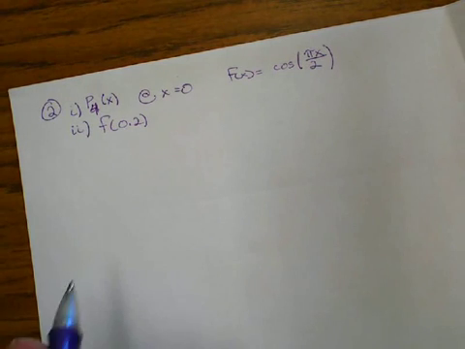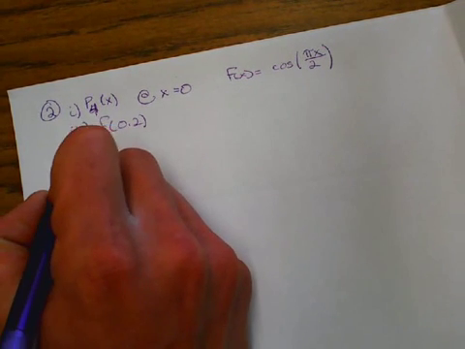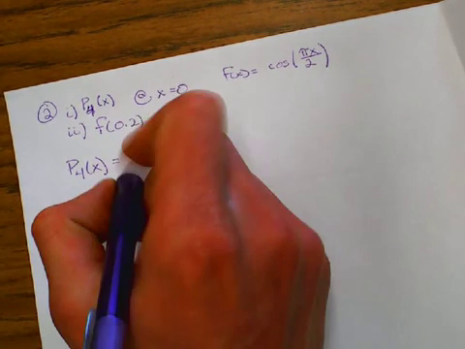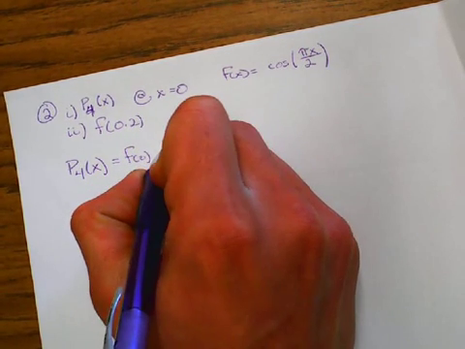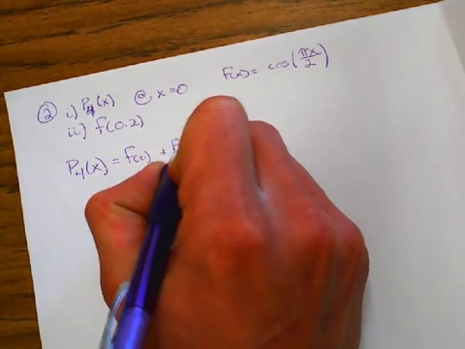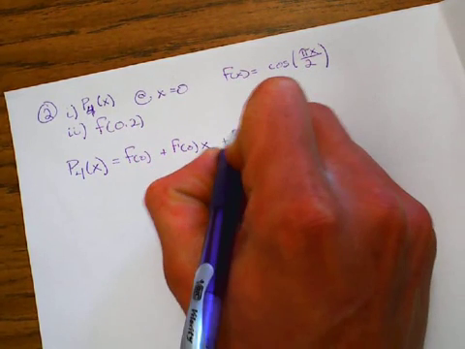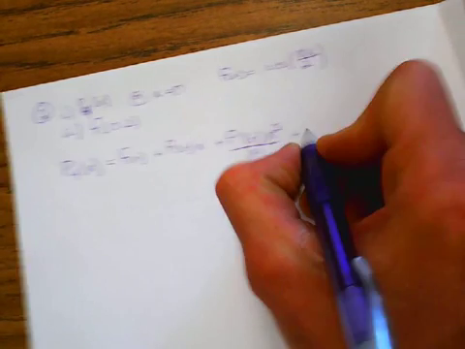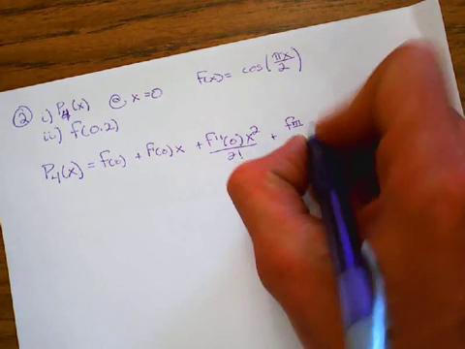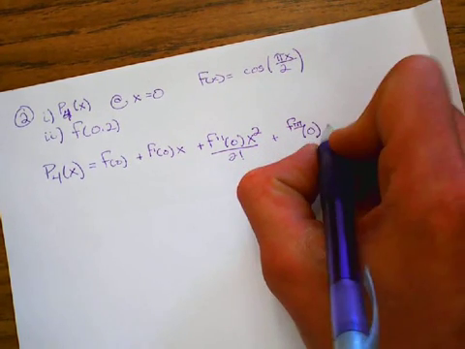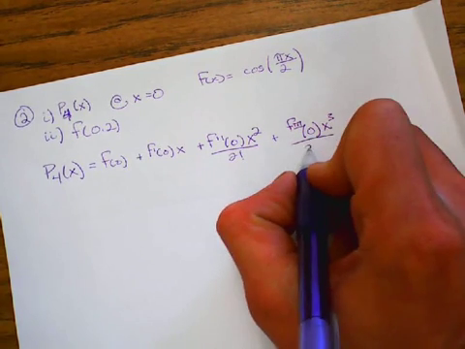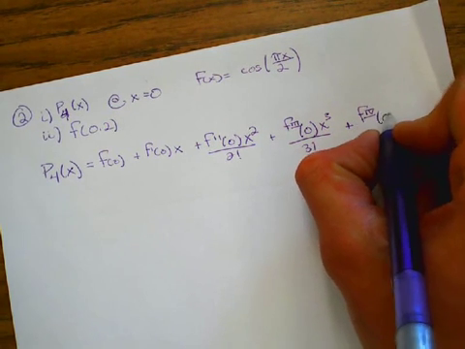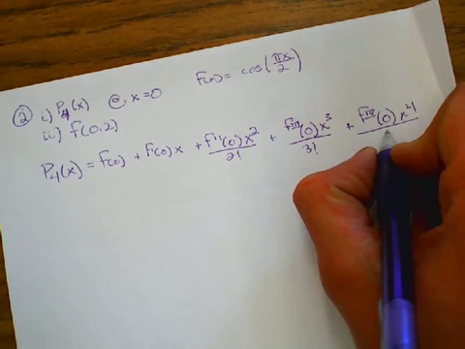So the first thing we're going to do is use the formula, which is going to be f of 0 plus f prime of 0 times x plus f double prime of 0 times x squared over 2 factorial plus f triple prime of 0 times x cubed over 3 factorial plus the fourth derivative of the function at 0 times x to the fourth over 4 factorial.